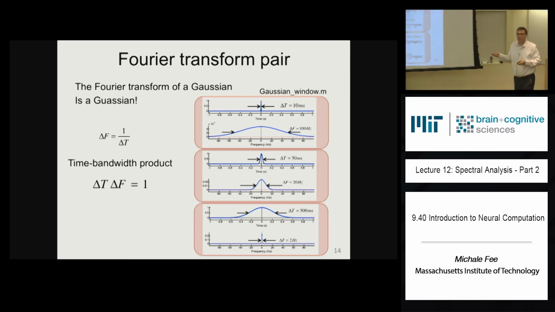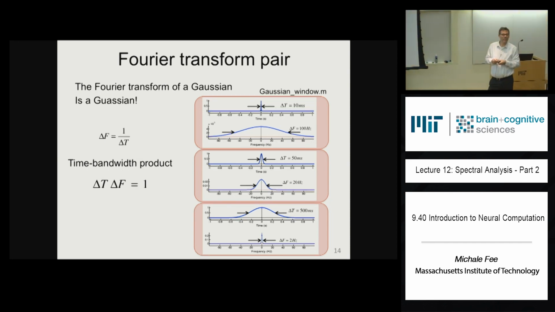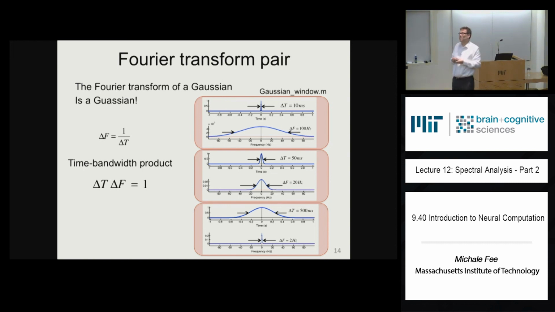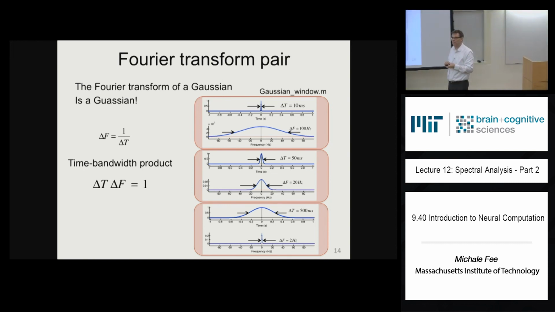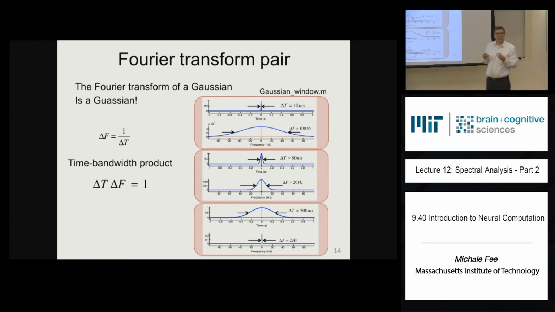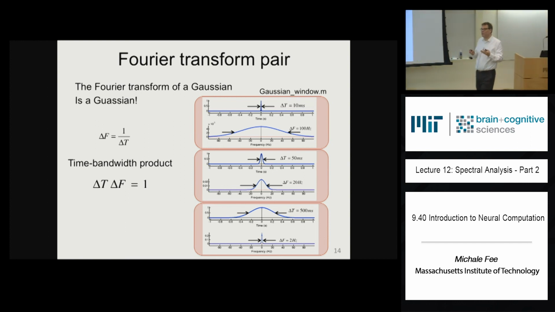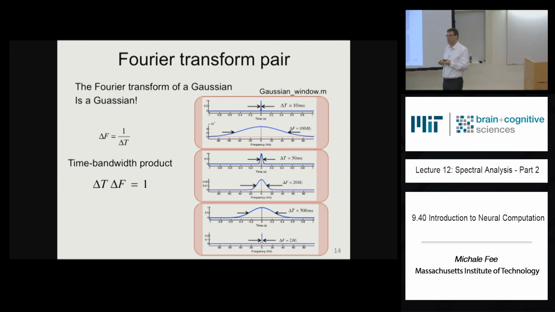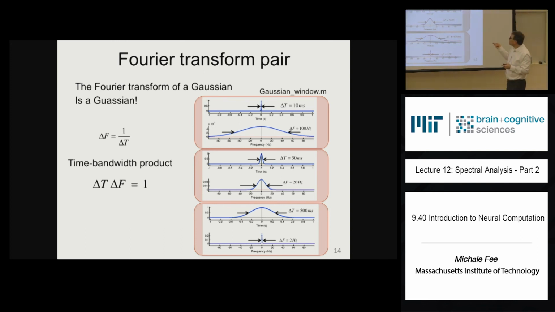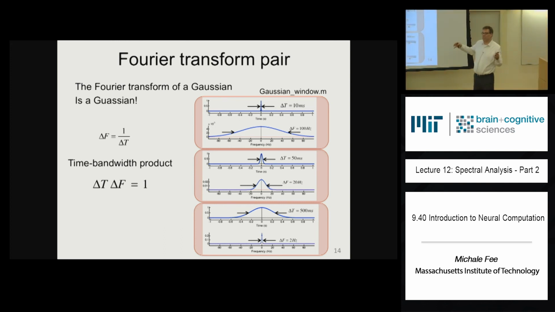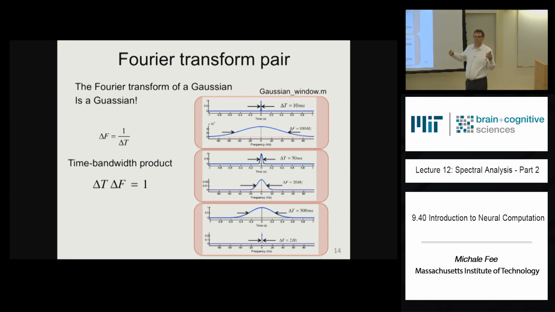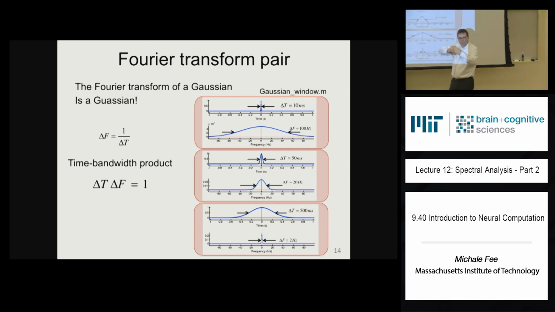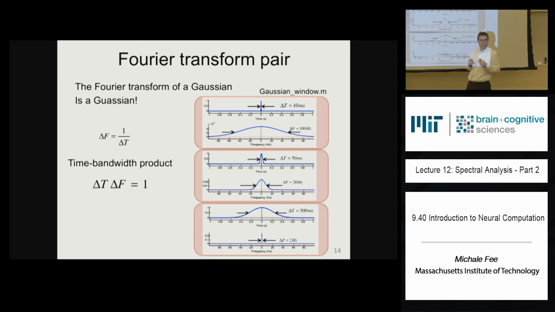Who here has taken any quantum mechanics? Who here has heard of the Heisenberg uncertainty principle? Yeah. This is just the Heisenberg uncertainty principle. This is where it comes from. You can think of wave functions as just functions of position in space.